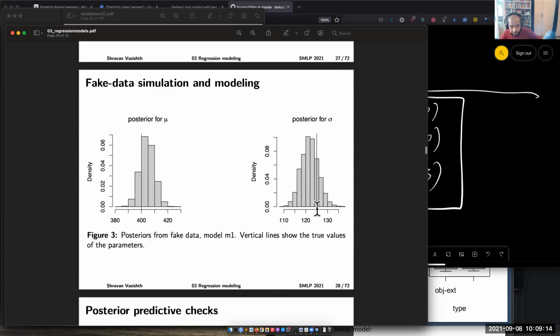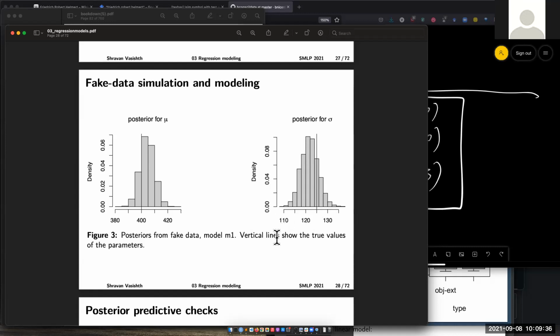One possible thing that could have happened that would be very bad is if the true sigma was, let's say, 250, okay? And the model posterior was showing a range between 110 and 130 milliseconds. That would be a very bad situation. Are you with me? Yeah, okay.